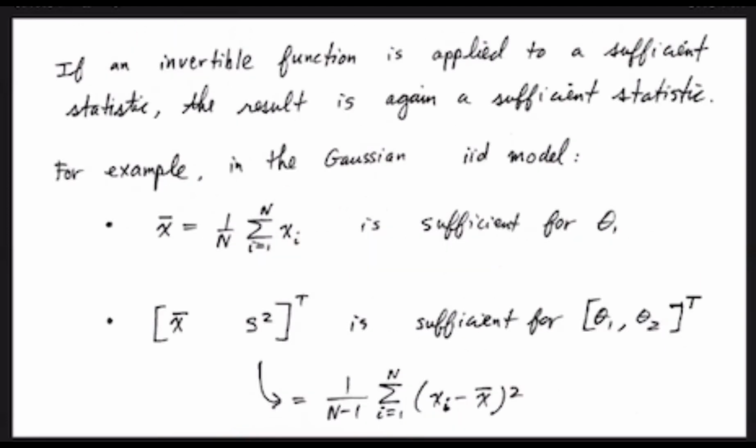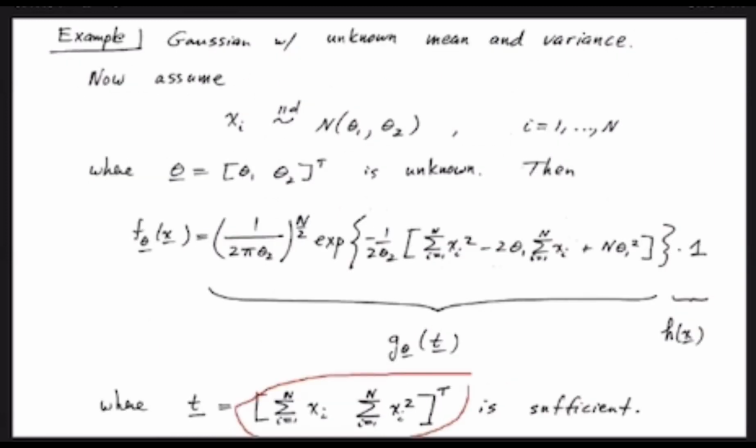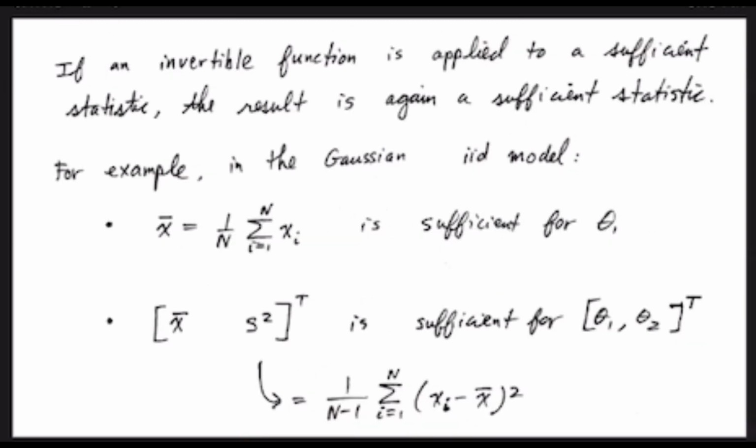And if you don't want to say summation S and summation S squared, instead of summation S, I can say X bar, or I simply say sample variance. Does that make sense? Sample variance for population variance.